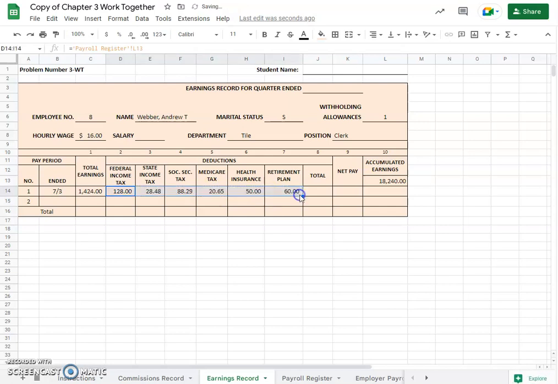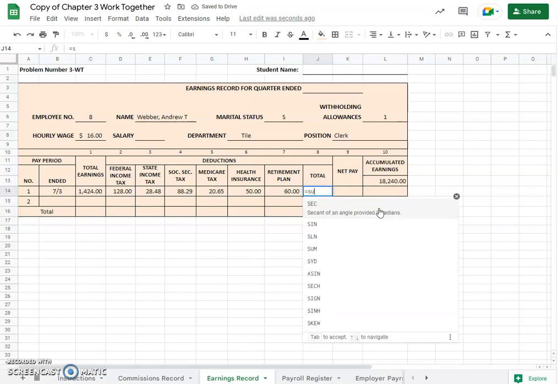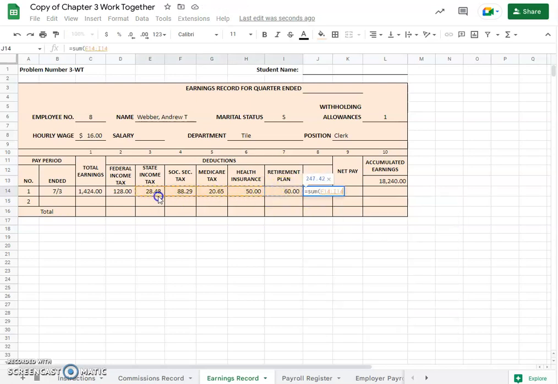Health insurance, retirement plan, and then we'll just add them up, although we probably could have done that from before as well. Net pay, total earnings minus the total deductions, and the last thing, total accumulated earnings. So previous accumulated earnings, and then you add the total earnings, not the net pay, the total earnings. So 19,664, and that is it for Work Together 3-1.